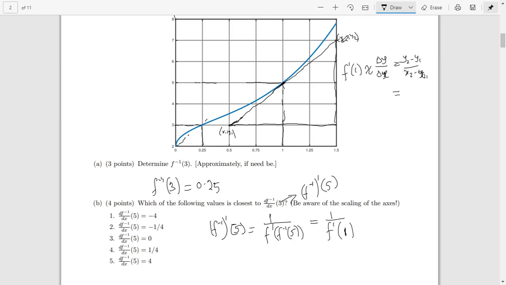This will be equal to my y2 here, which is 7, minus my y1, which is 3, over my x2, which is 1.5, minus my x1, which is 0.5. If I do that subtraction, I'm going to get 4 over 1, which is basically 4. So my f prime of 1 is approximately equal to 4. That tells me that this will approximately be equal to 1 over 4.